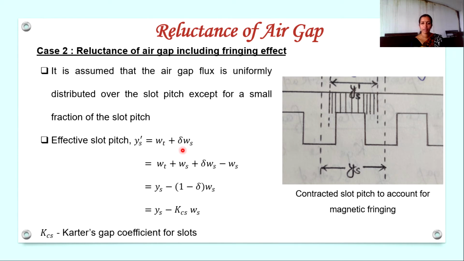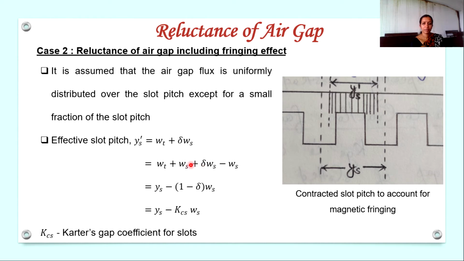Now let us rearrange this equation. I am adding and subtracting Ws. So Wt plus Ws plus delta Ws minus Ws. What is Wt plus Ws? Width of the tooth plus Ws by 2 plus Ws by 2, which is equal to the slot pitch. Wt plus Ws, width of tooth plus width of slot, equals the slot pitch Ys.